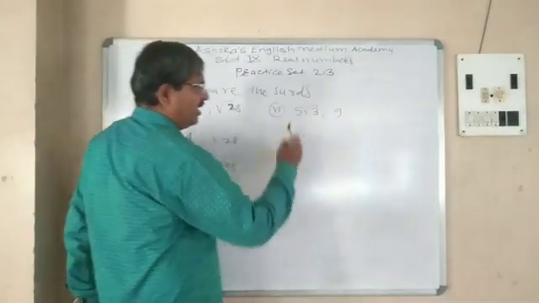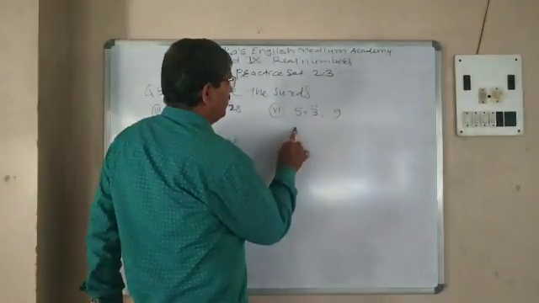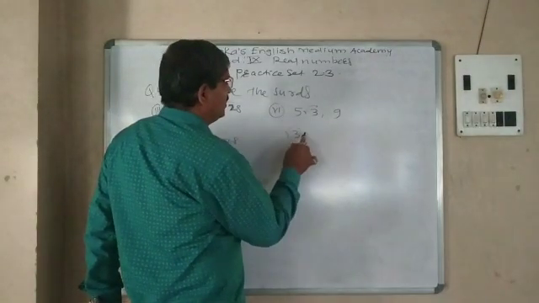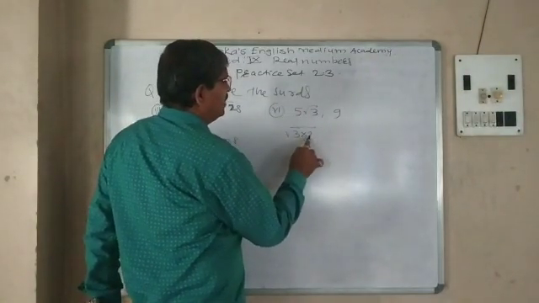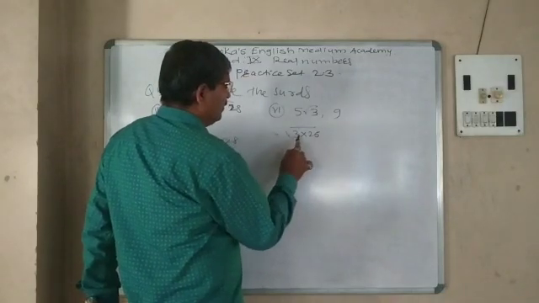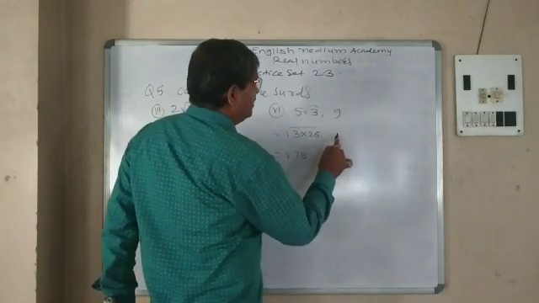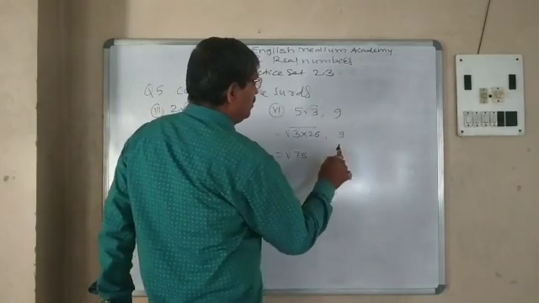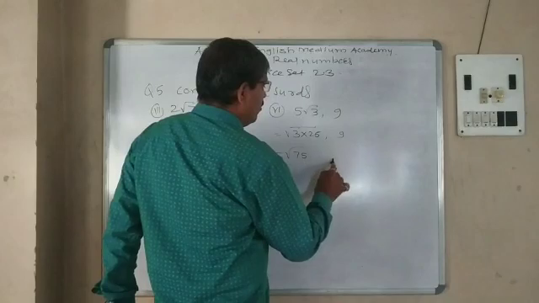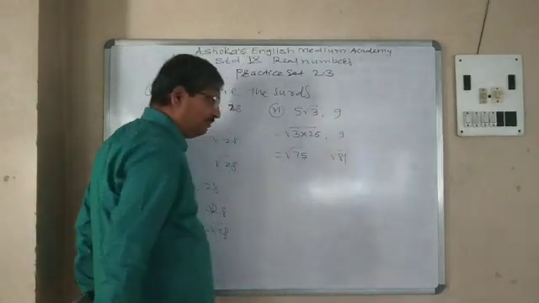Now here 5 under root 3 is given. Look, 3 goes inside, the order is 2 so 5 becomes 25. Now under root 25 times 3 is 75, and here 9 is given. We should take its square, so 9 means 81 will come.